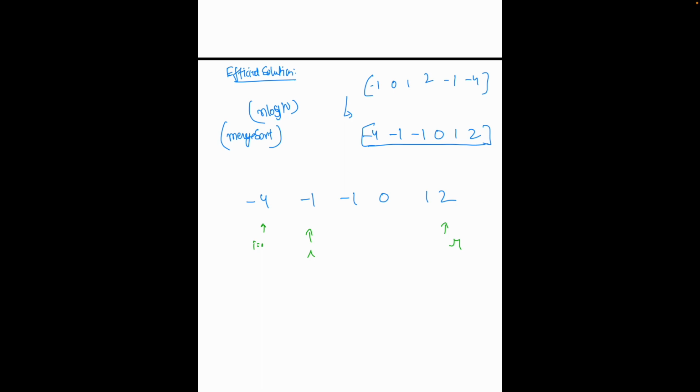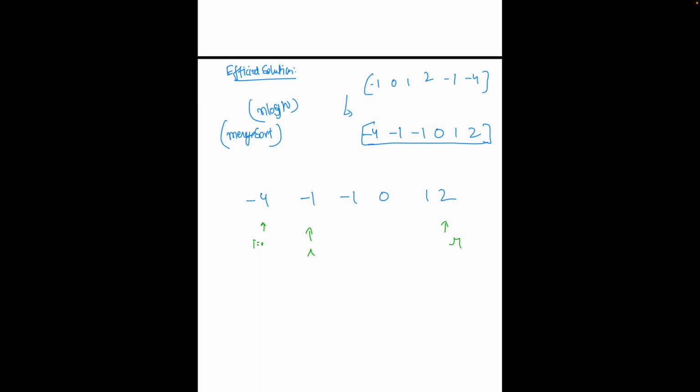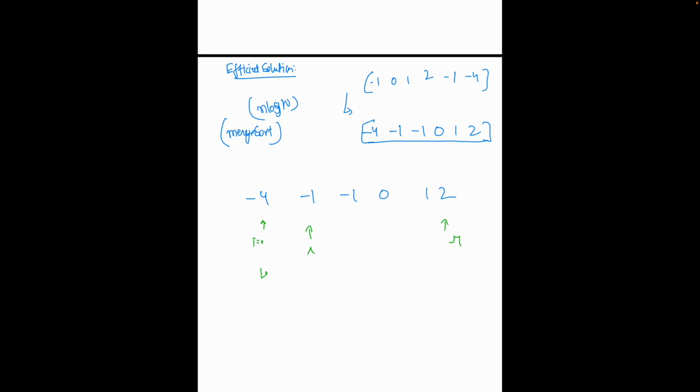Now we want, if we can get a two-value sum of 4 in the remaining of the array, then that plus minus 4 will become 0, and we can just push that. Now we can keep going with L and R and keep looking by two pointers if any possible combination occurs or not. So starting from minus 4, that's how we're going to do.